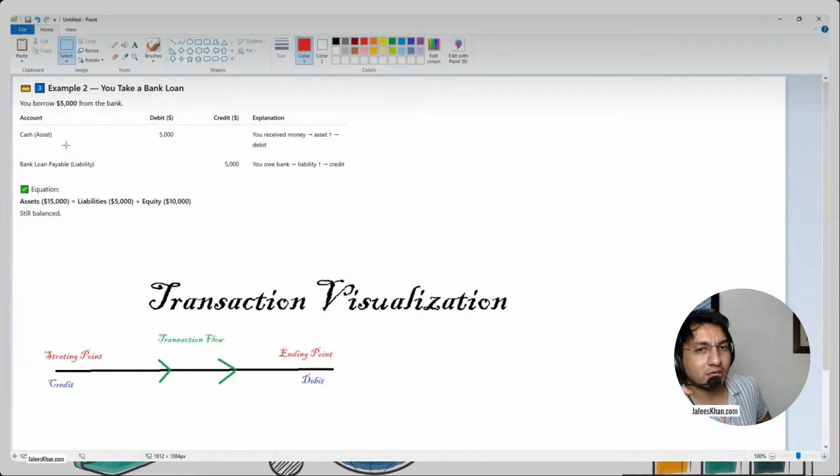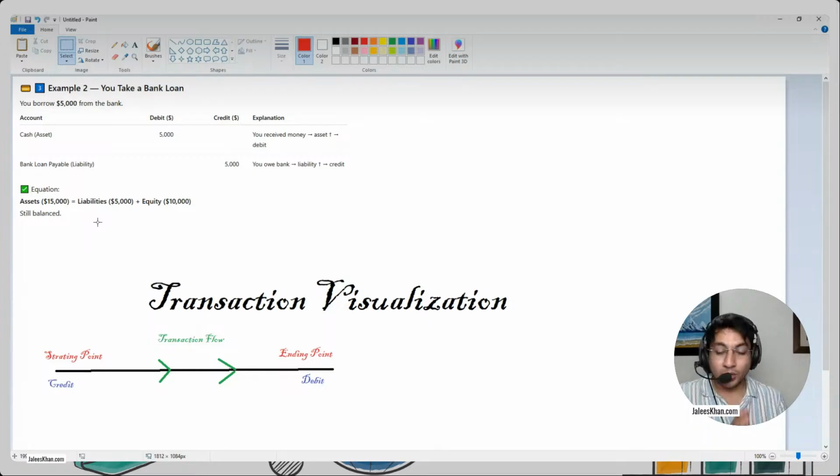So this does not come under the equity; it will come under the liabilities. That's why you can see the 5,000 coming on the liability side, but how will the credit and debit recording happen?